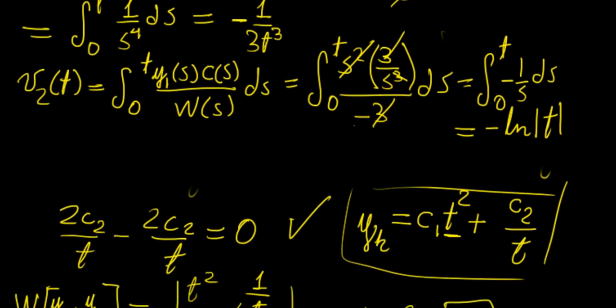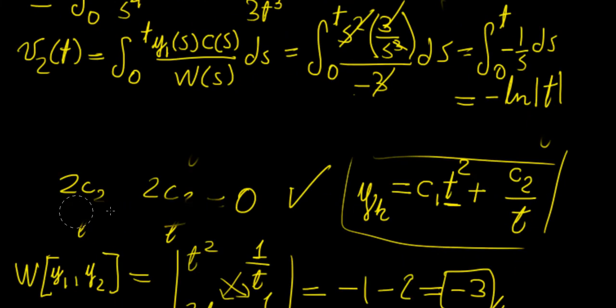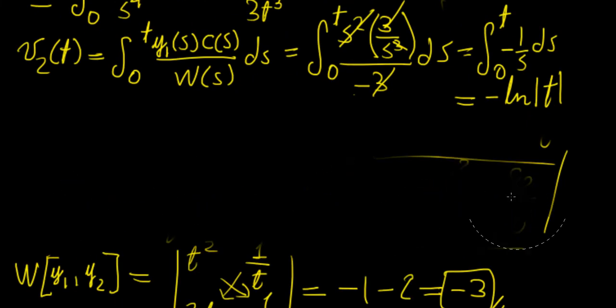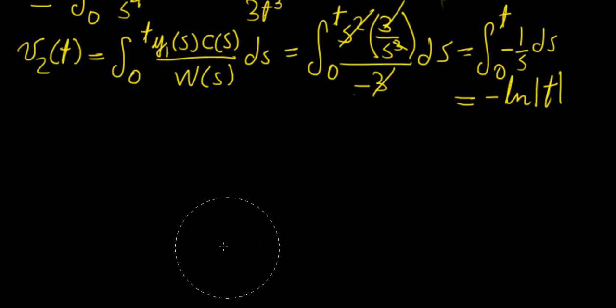Okay, so now we have v1 and v2. So in order to get the solution to the non-homogeneous part, what we're going to do is use the following formula.